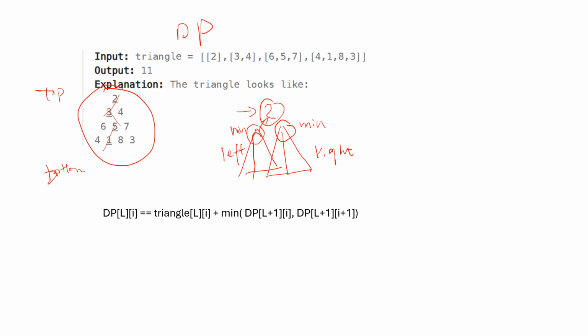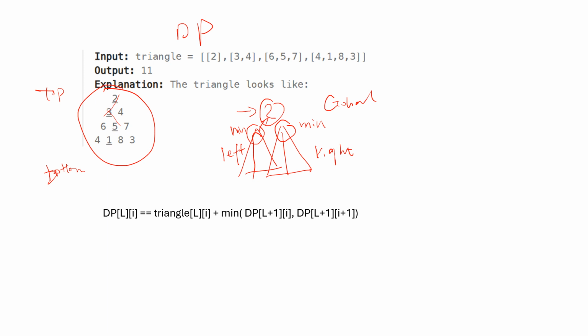That will be our final global solution. So this is how we can construct the global solution from the subproblems. We simply divide into left and right subproblems and try to figure them out.